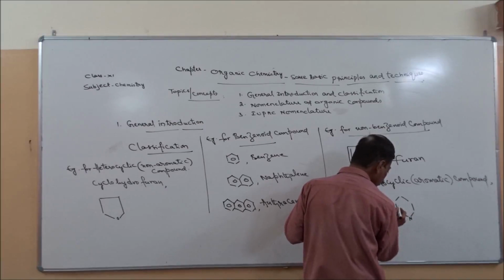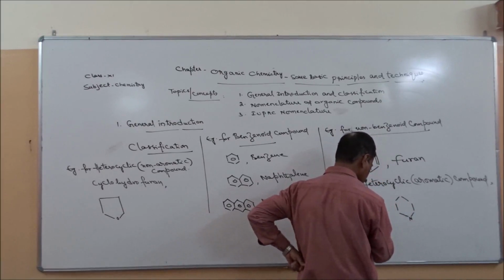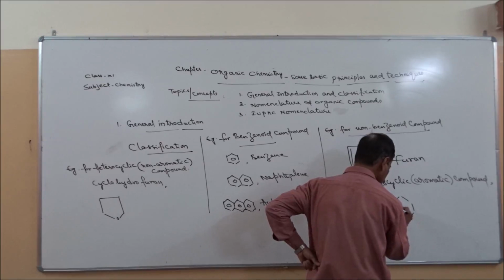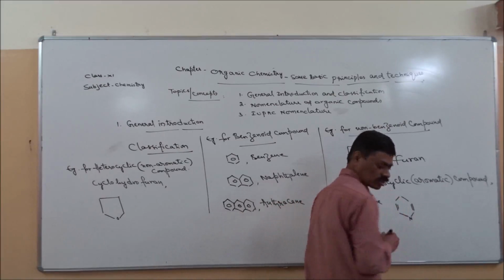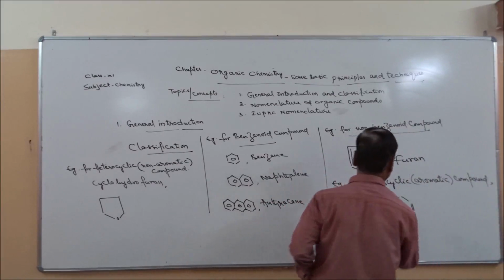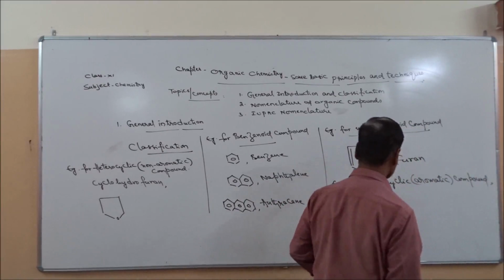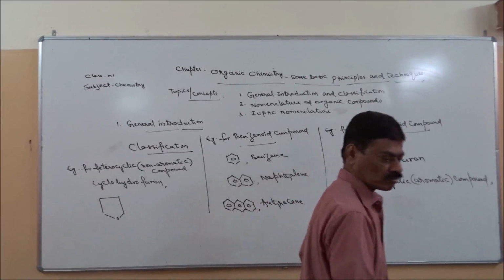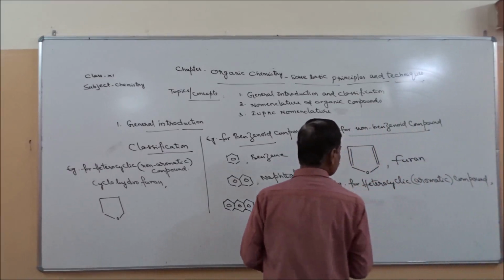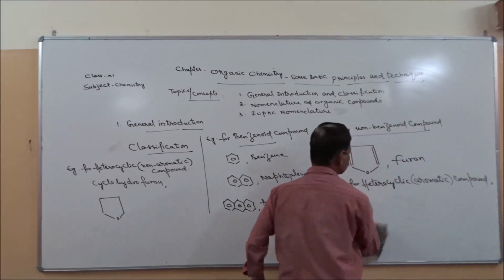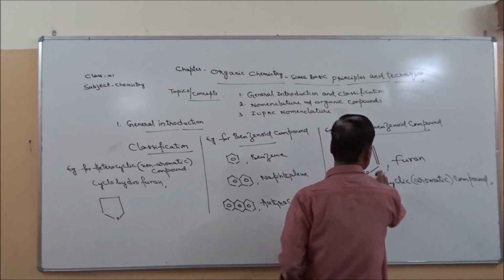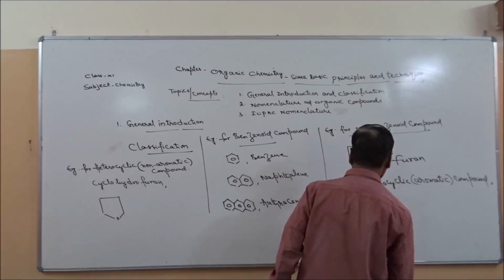And here we can show 1, 2, 3 pi bonds. Aromatic benzene, yeah, it is pyridine only.